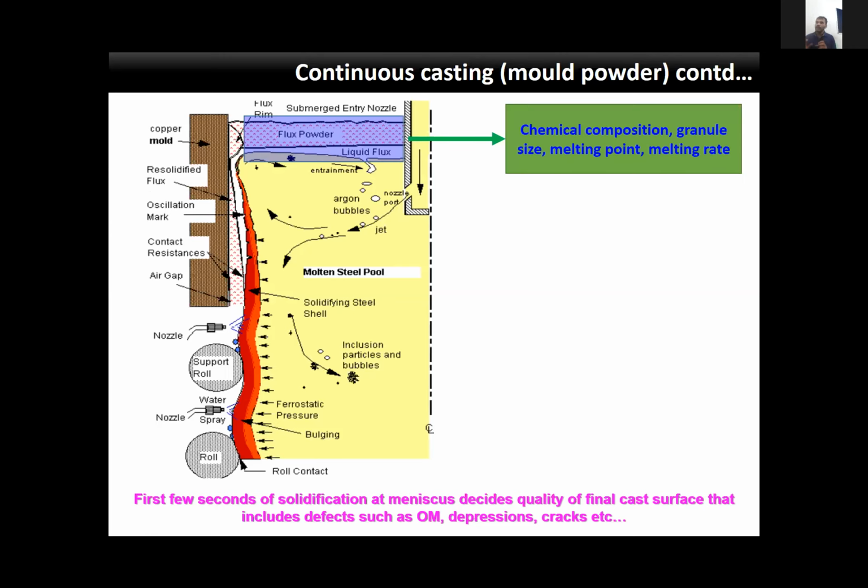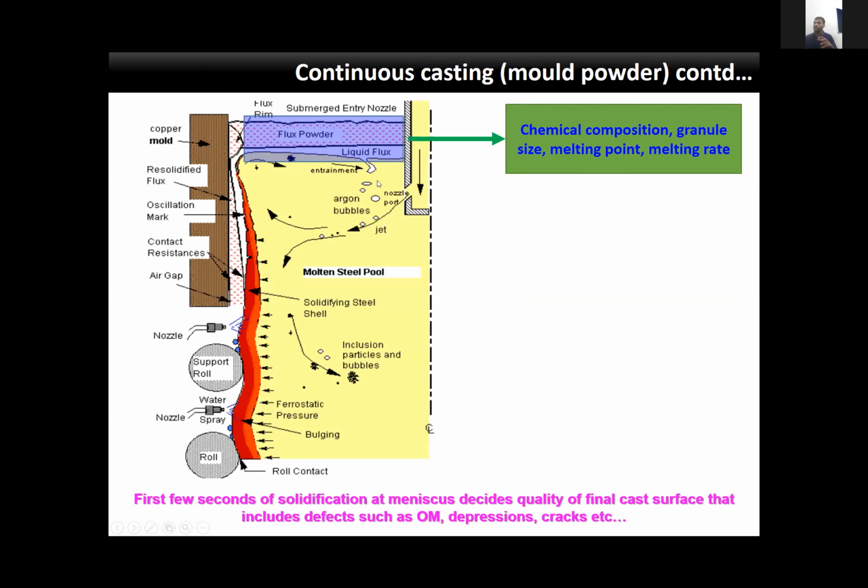Let us see, the mold powder that is lying above the liquid steel. The primary phenomenon involved here is melting of the mold powder, and the melting rate of the mold powder is controlled by chemical composition, granule size, and melting point. How fast it can melt and how fast it can generate liquid flux, so that it can supply between the copper mold and the steel shell to provide lubrication.